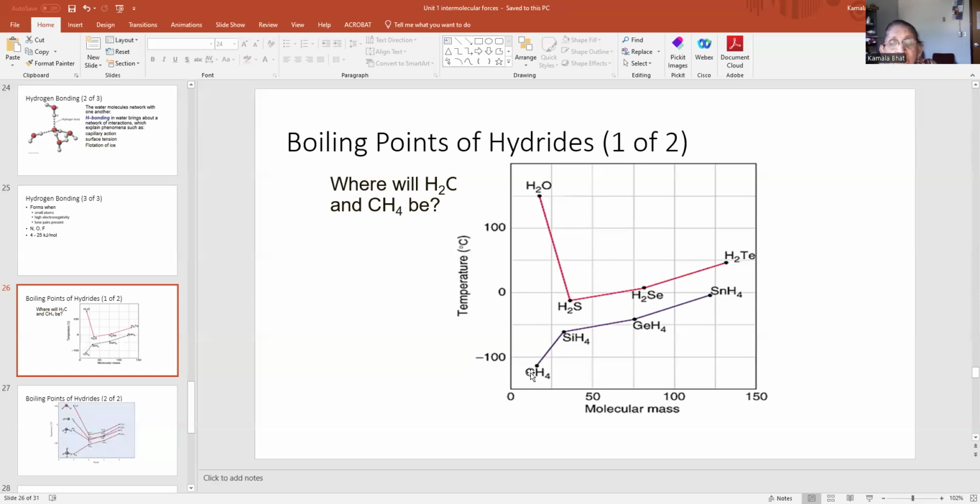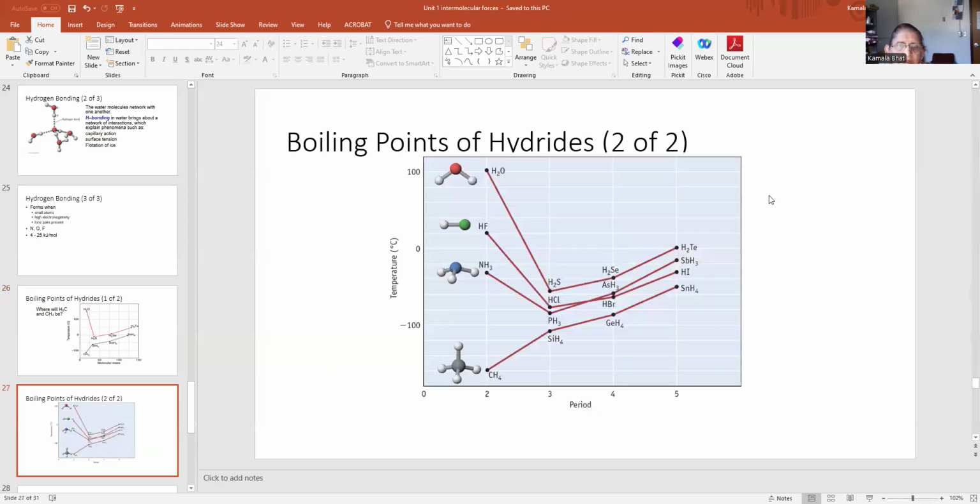Same thing when we go from methane, CH4, to silane, SiH4, GeH4, germanium tetrahydride, and tin tetrahydride. You can see how the molar mass affects the boiling point of the given substance.